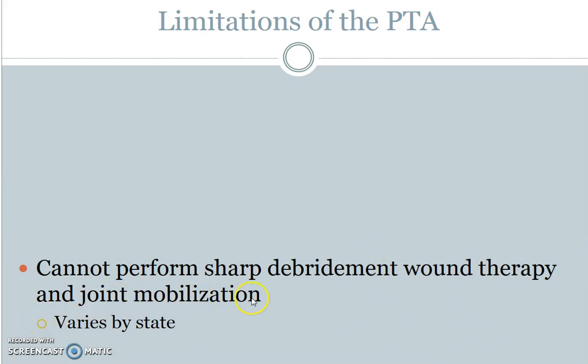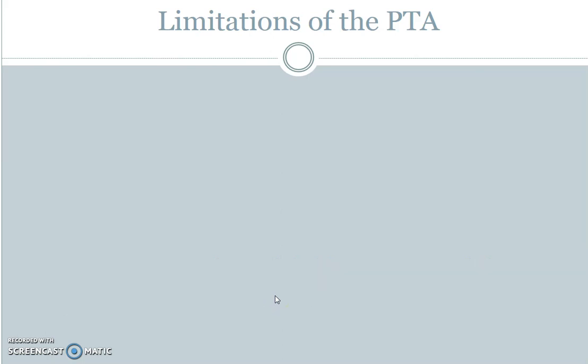And then with joint mobilization, again, like I said, it is not an entry-level skill. However, more and more PTAs are learning joint mobilization in their programs. What you cannot do as a PTA ever is a joint manipulation. That is only done by the PT.